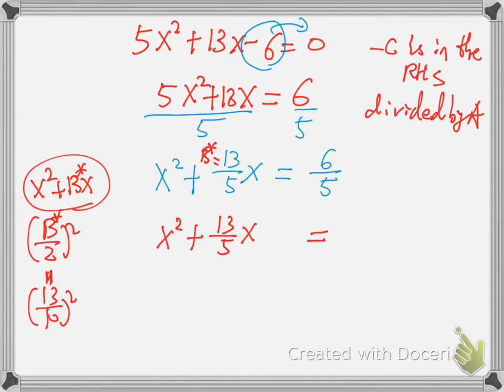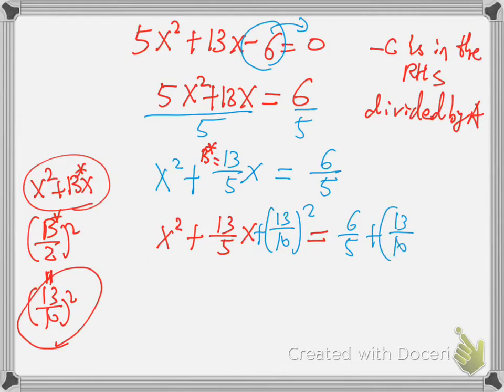So to both sides of the equation, we add this constant. On the left, we got x plus b star over 2, squared. So it's x plus 13 over 10, squared.